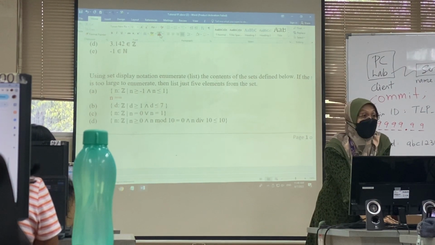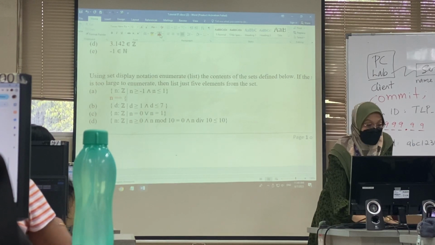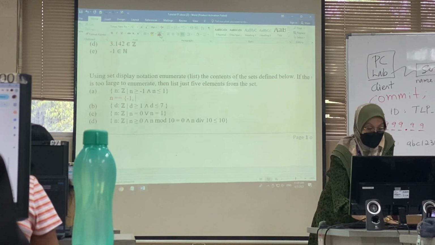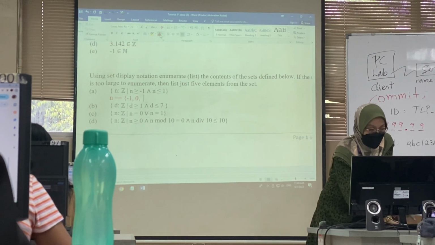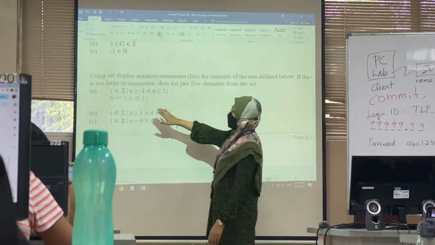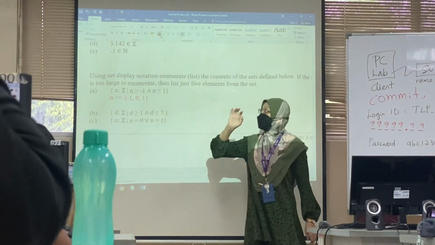Because in programming, double equal means compare. Here different, means define as. So you have -1, 0, 1. Okay? -1, 0, and 1. Okay? So that is what you mean by this statement.